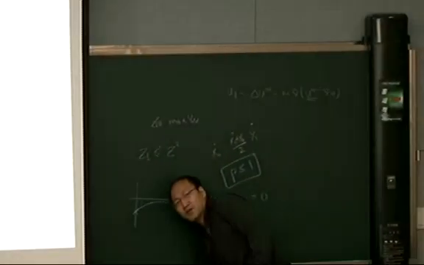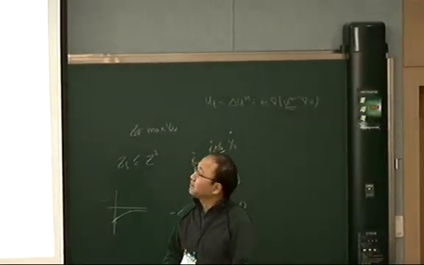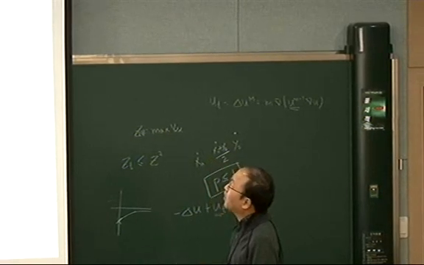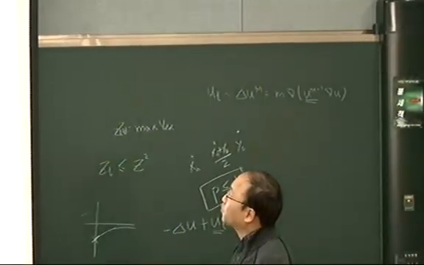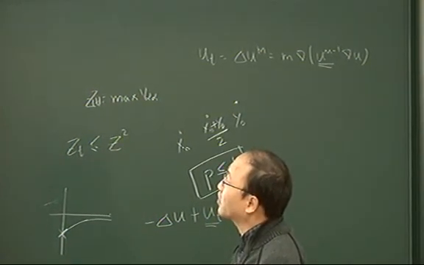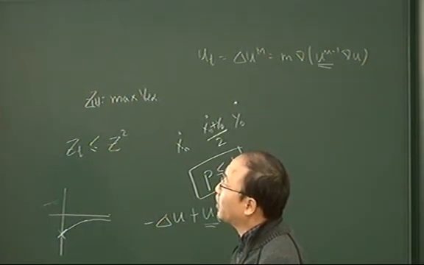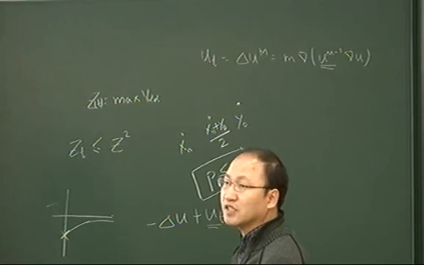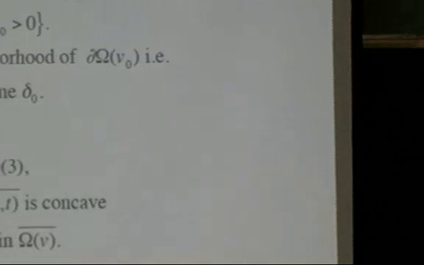Your diffusion coefficient will be 0 if u is 0. So it's nonlinear. And well, u to the m minus 1 is the pressure, and if you write down the equation in terms of the pressure, you end up with this one. And your diffusion coefficient depends on the v. And then this is the difficult part.